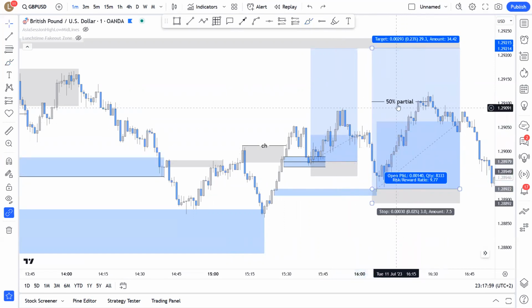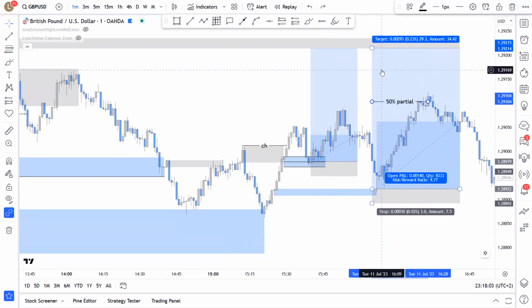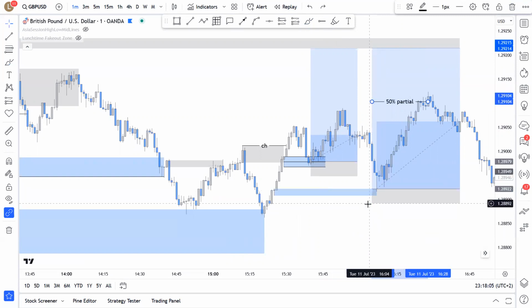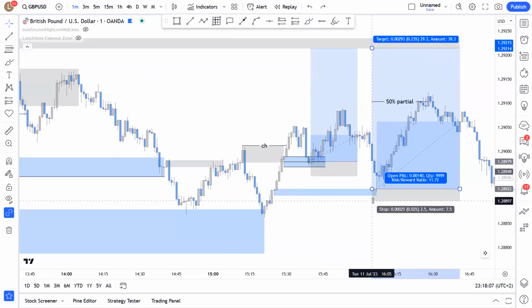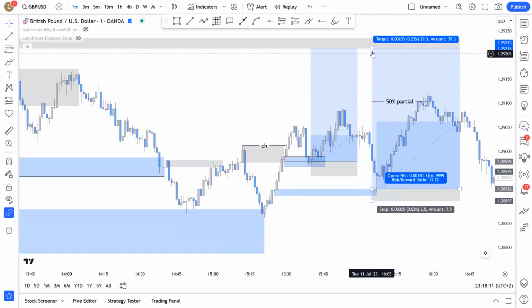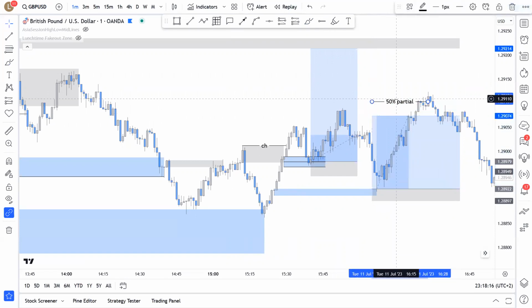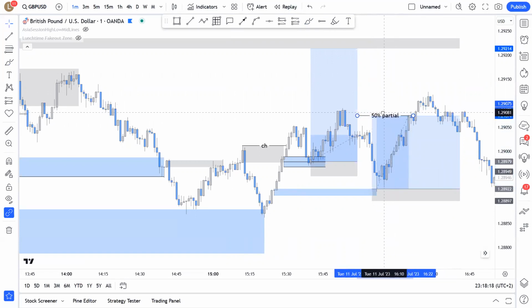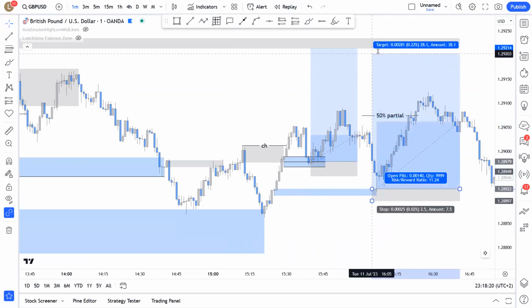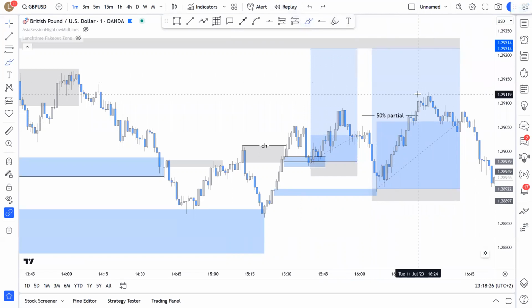And I took 50% off of the whole position somewhere around here at 6 risk-reward ratio. Sorry, I used the 2.5 pip stop loss here. And let me just check the 6 ratio point. Yeah, it was here. Sorry, I used the wrong pip size. So here is the point where I took 50% off of my position size, because this is my rule.